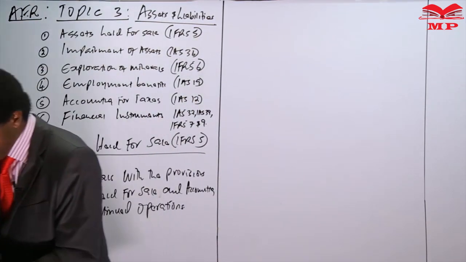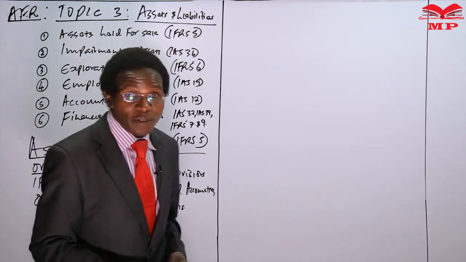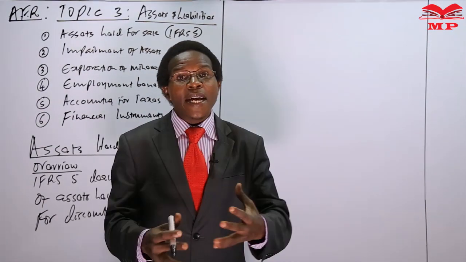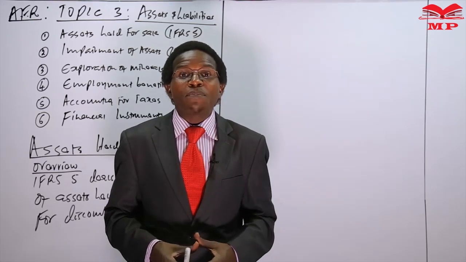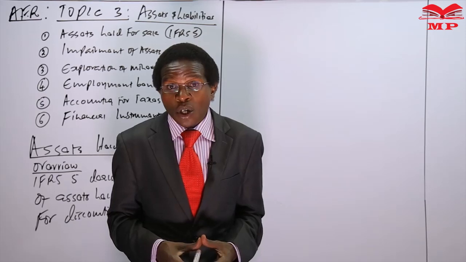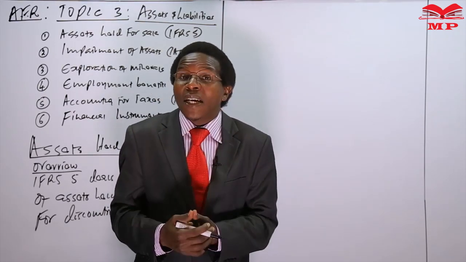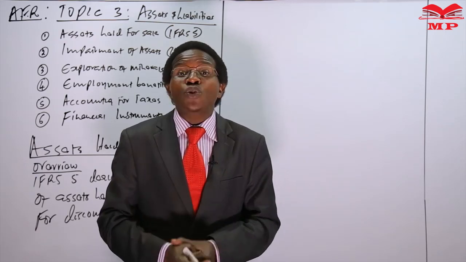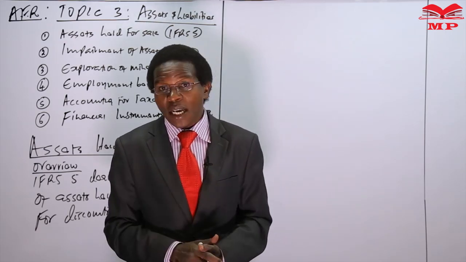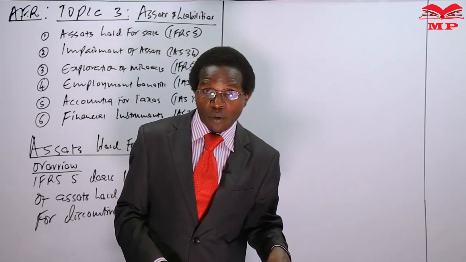An asset held for sale is a non-current asset which the directors or decision makers have agreed to sell in the near future. So they will not recognize it as a non-current asset anymore.